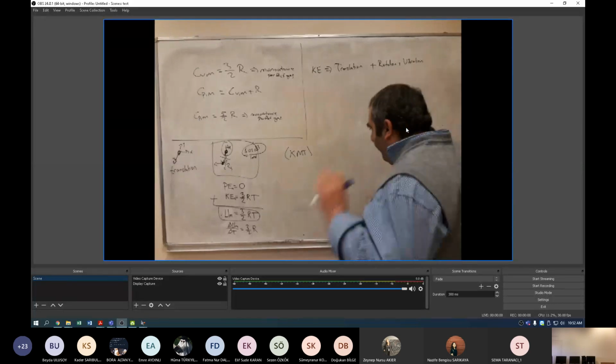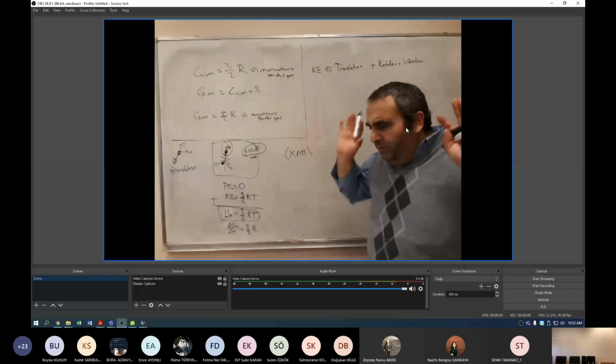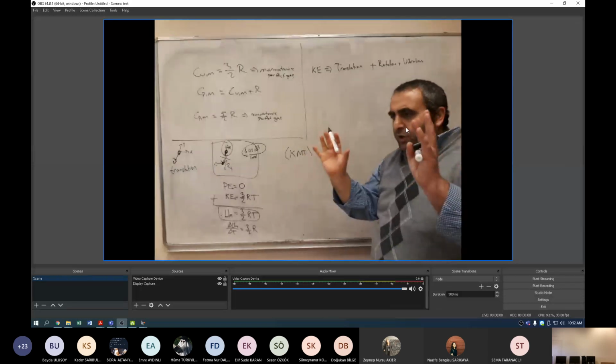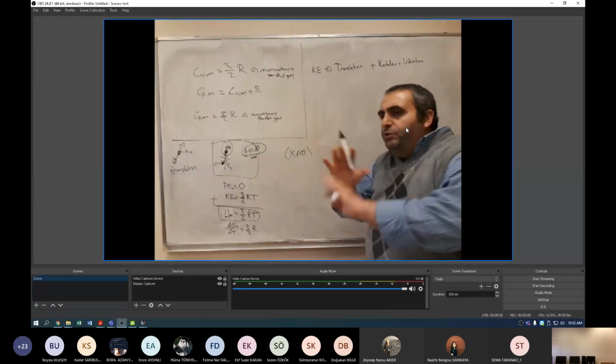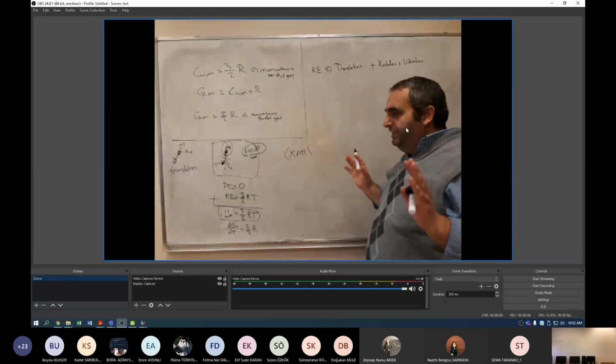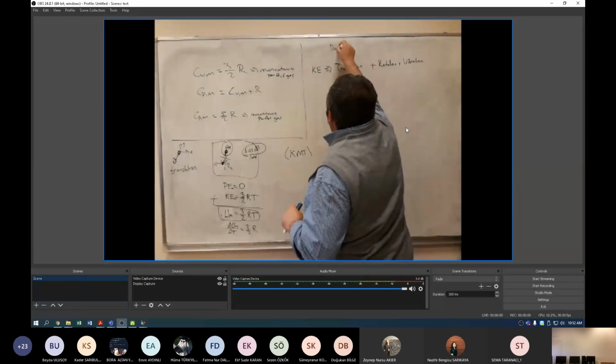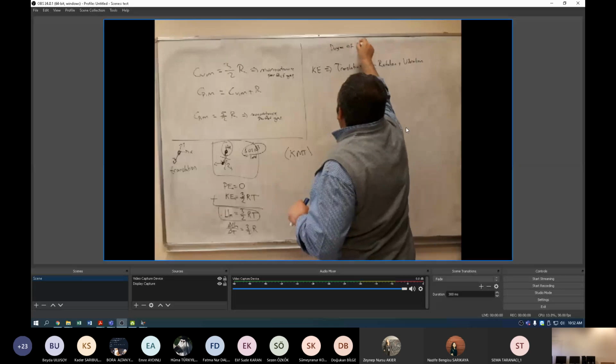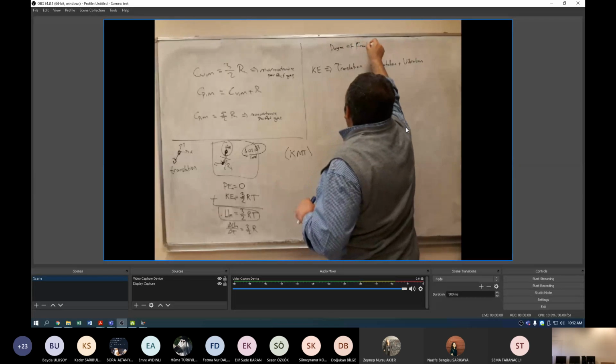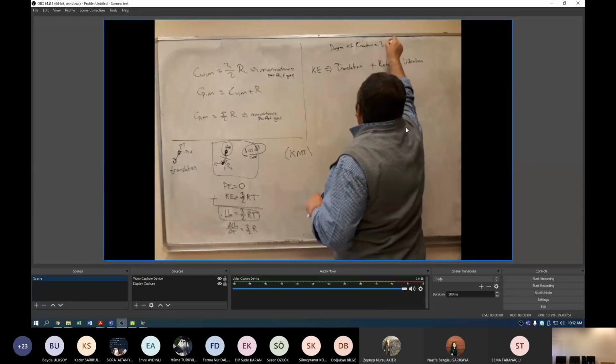And I know if all the particles in this molecule were completely independent from each other, then the degrees of freedom is going to be 3n.